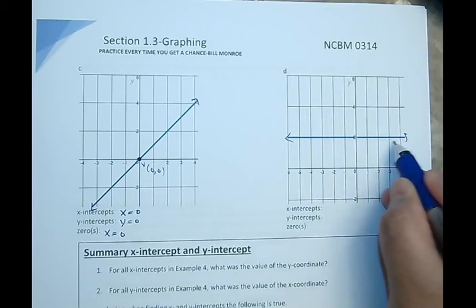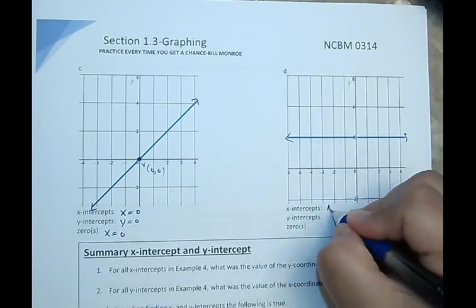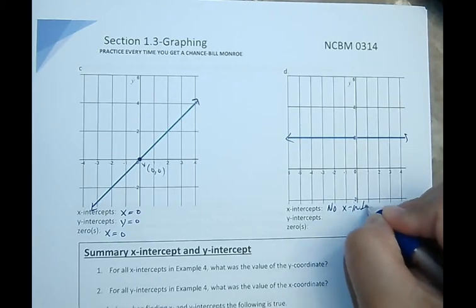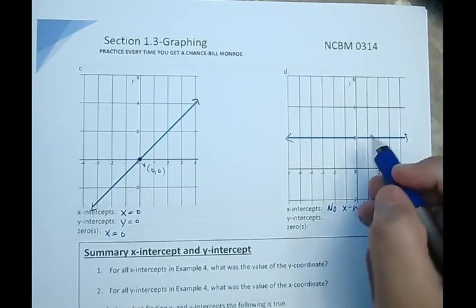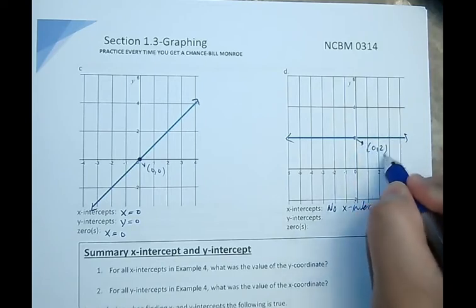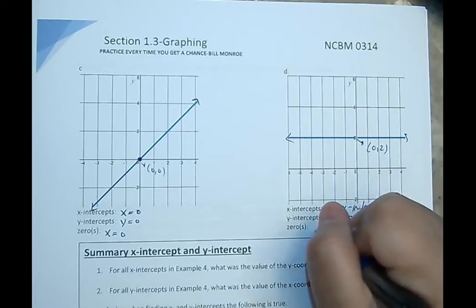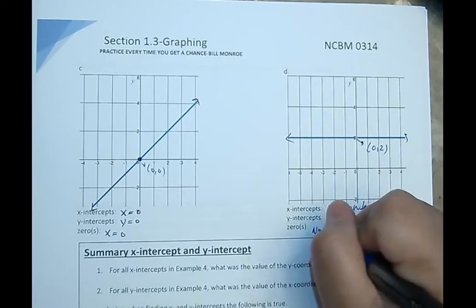So here, notice that the graph never crosses the x-axis. So we say that there's no x-intercept. And for the y-intercept, it crosses at this point, which is (0, 2). So this would be y equals 2. So my zeros is no x-intercept.